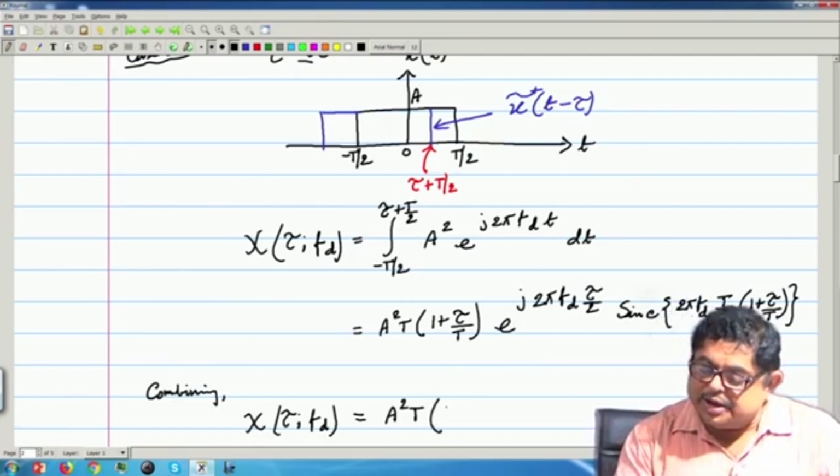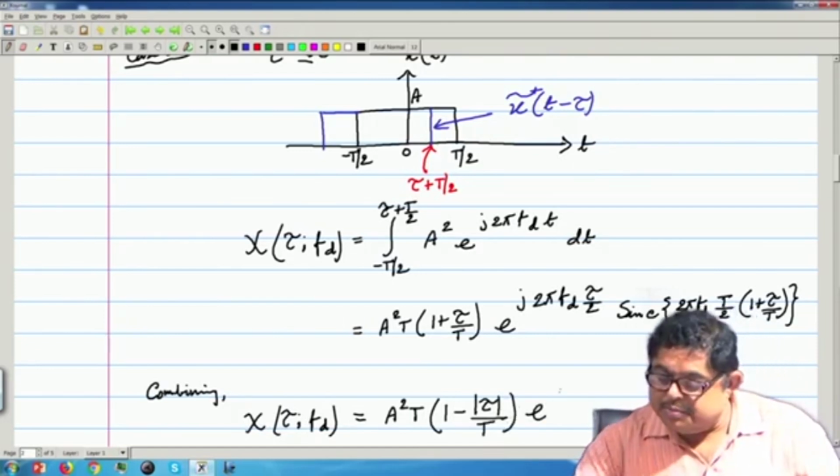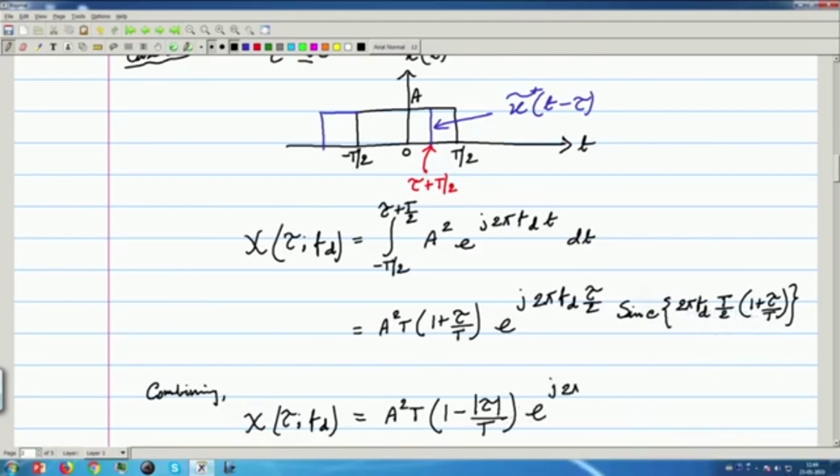So, obviously, I can write this in terms of the modulus: 1 minus mod of tau by t, then e to the power j 2 pi f d tau by 2, sinc of 2 pi f d t by 2 into 1 minus mod tau by t.